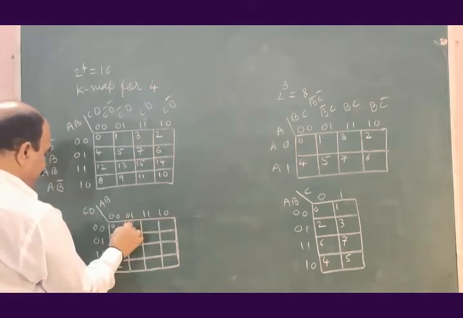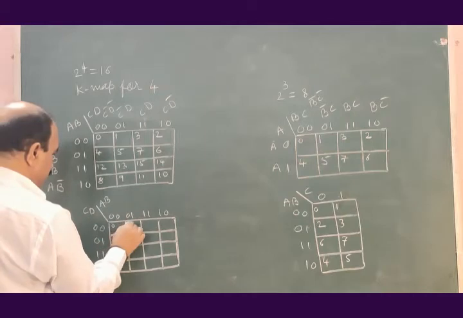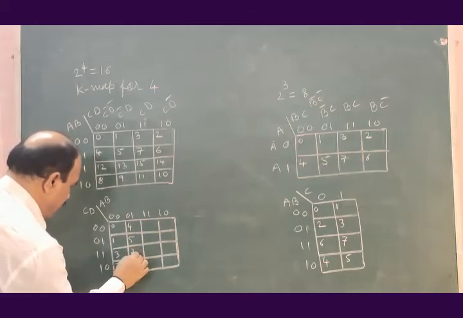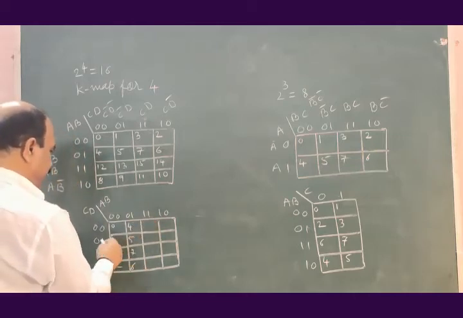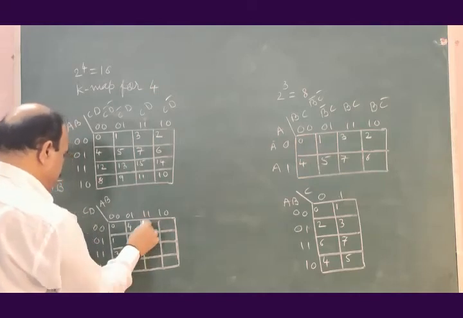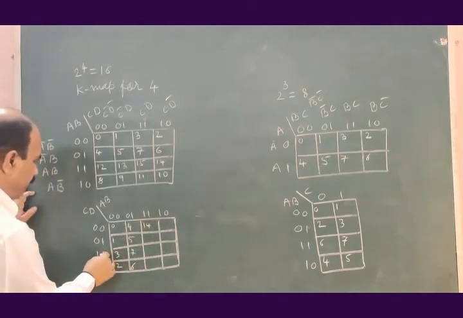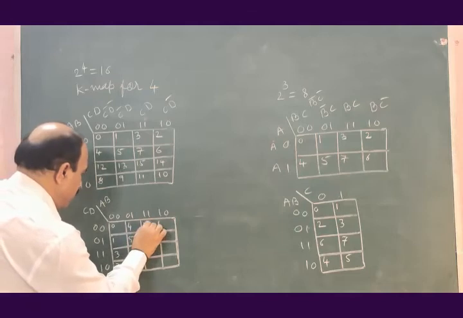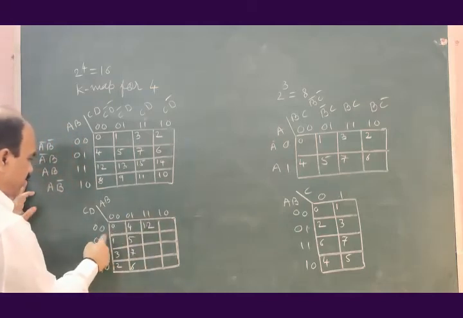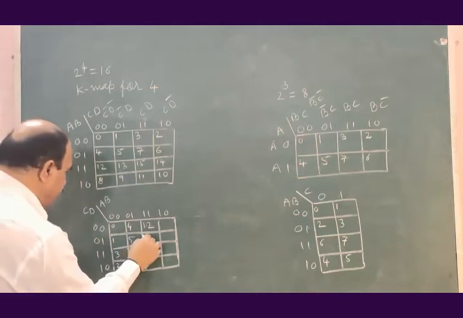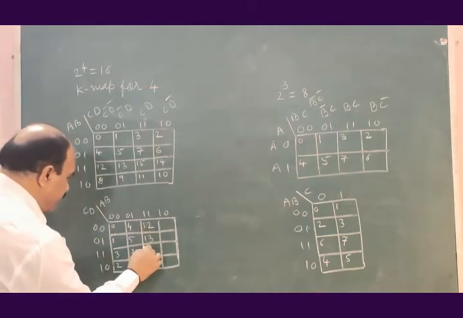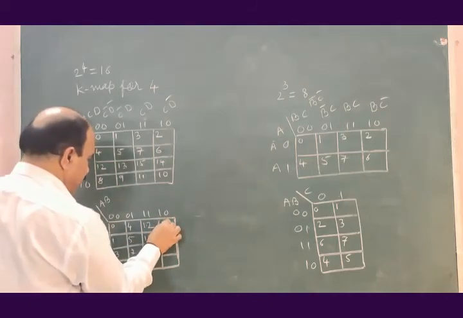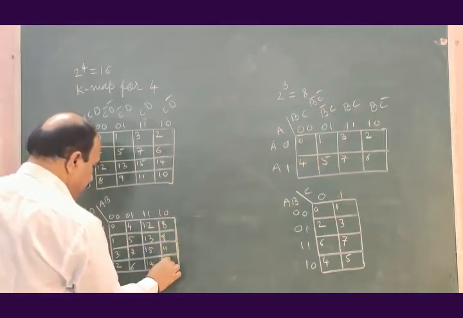Cell number 0, 1, 3, 2, 4, 5, 7, 6, 12, 13, 15, 14, 8, 9, 11, 10.